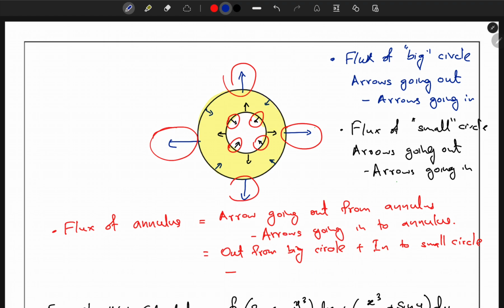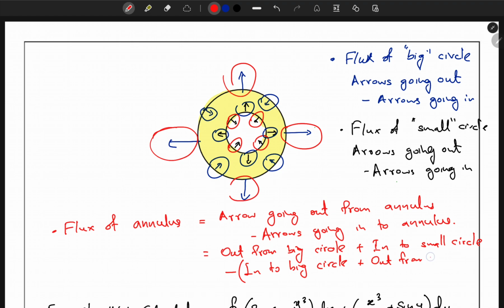Now the arrows going into the annulus are the arrows coming into the big circle and out from the small circle. Into big plus out from small.